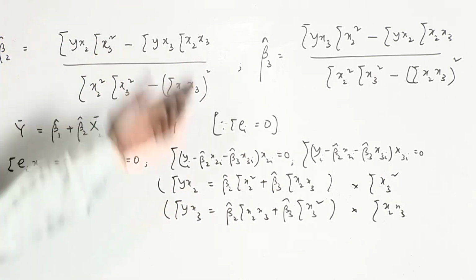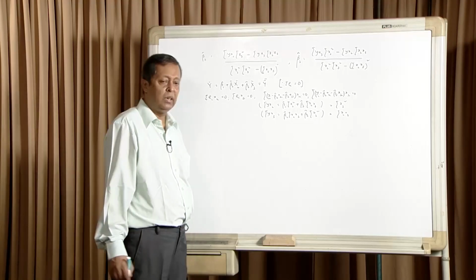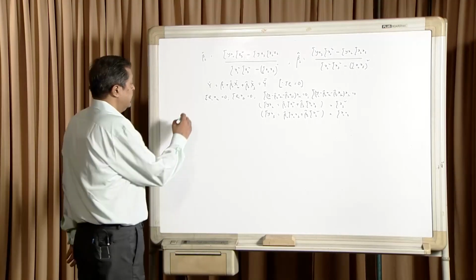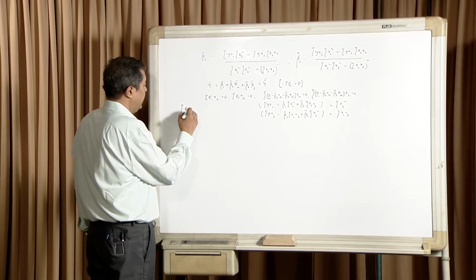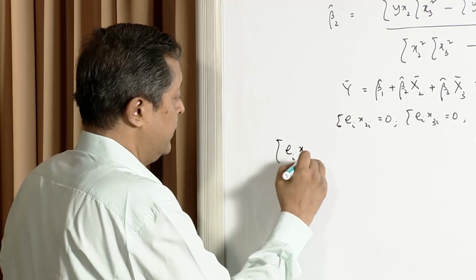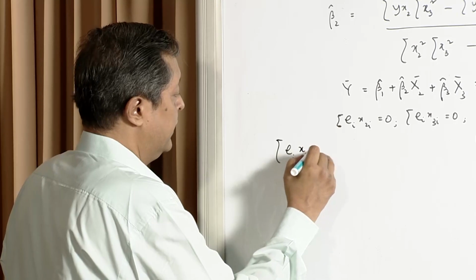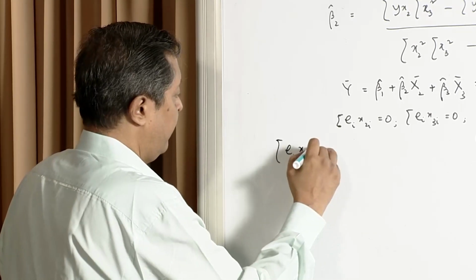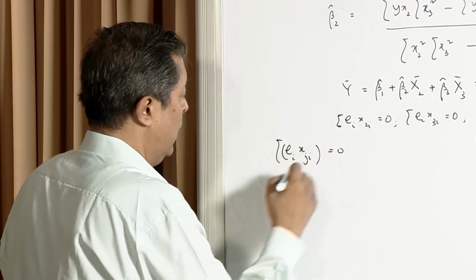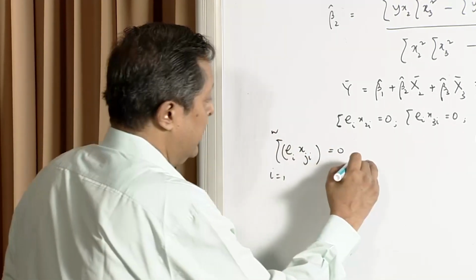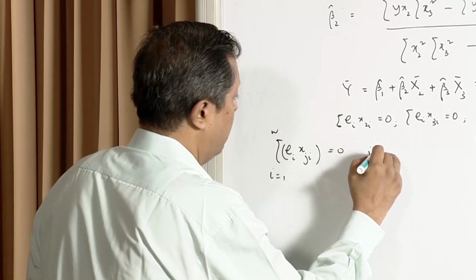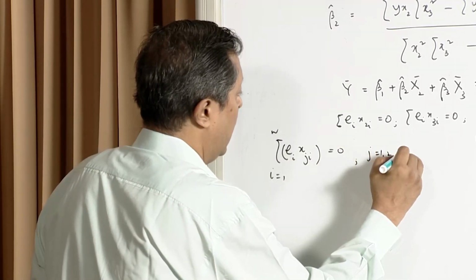How exactly does this carry over to the k variable model? We have already seen that for the k variable model, we have summation ei xji equal to 0, i running from 1 to n, and j now runs from 1 up to k.